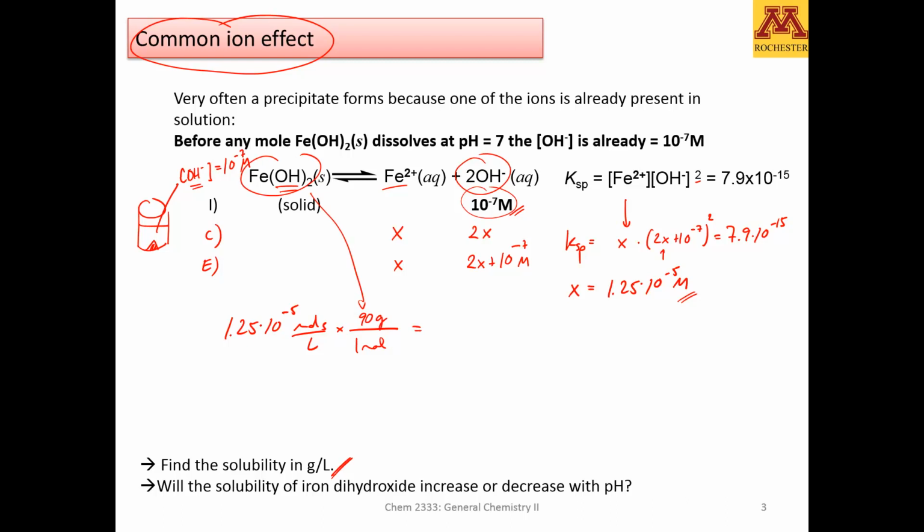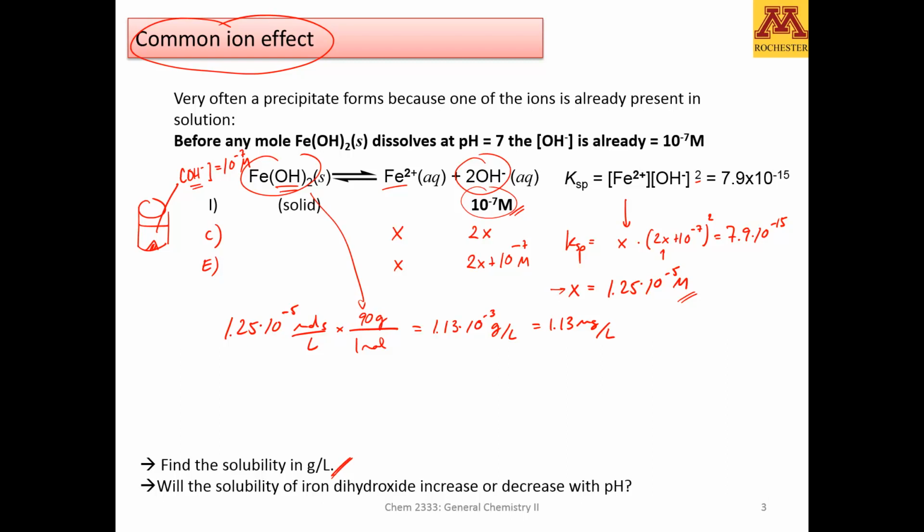Okay, and if you multiply this, what I get is 1.13 times 10 to the negative 3 grams per liter. Okay, so you may even see that as 1.13 milligrams per liter. Alright, so just so you know how to convert the X in molarity into grams per liter, you just convert moles into grams or vice versa.